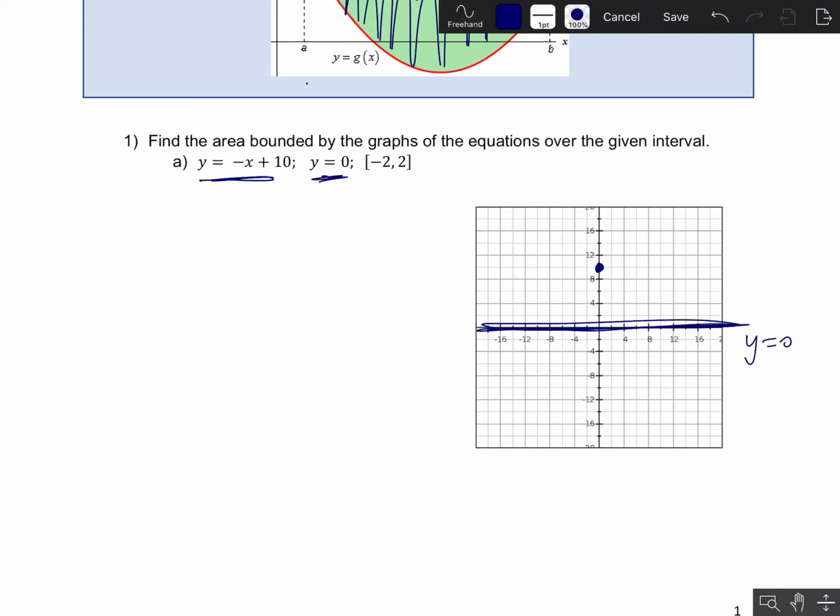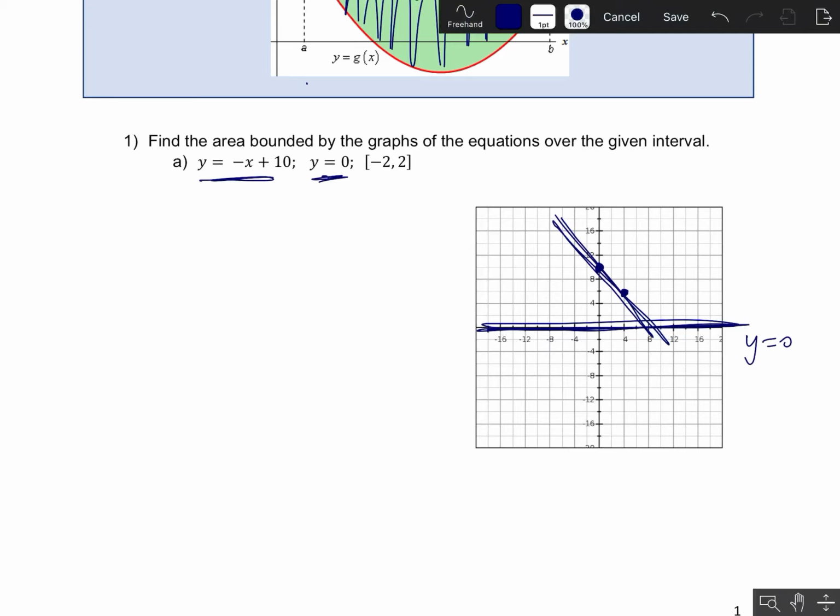If you need to know the graph of a line, all that you need to know is 2 points that live on that line. So you can just plug in an arbitrary x value to figure out what the corresponding y value is. For example, if I plugged in x equals 4 into that line, then I would get that y is negative 4 plus 10, which is 6. So 4 comma 6 is another point that lives on that graph. And that means that the graph of that line looks something like this.